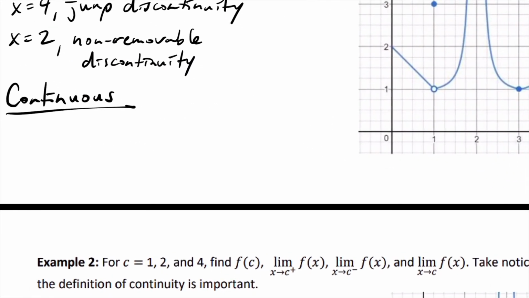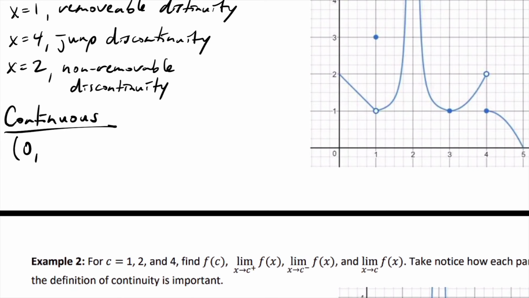Okay, so let's start with 0. From 0 to where does continuity stop? Not 0.99.